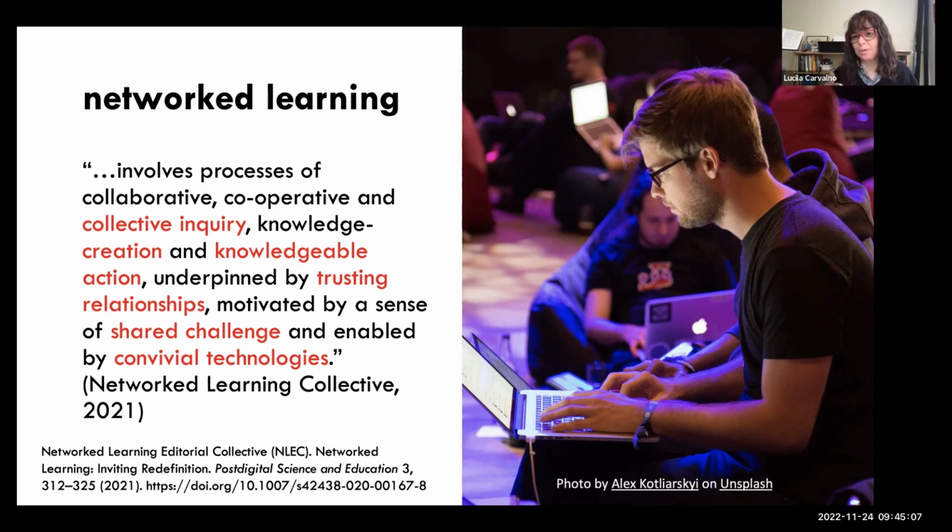And then there's a response paper as well from many people from the networked learning community, from different areas of research, that talk about the evolution of networked learning and the ideas in this field nowadays. But this new definition, as you can see, incorporates many of the principles that I just talked about.